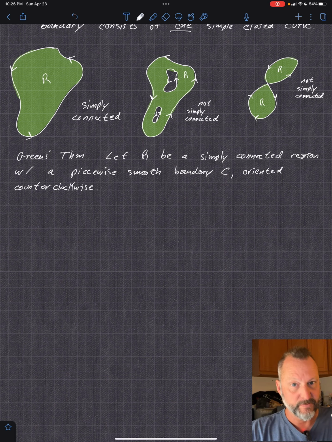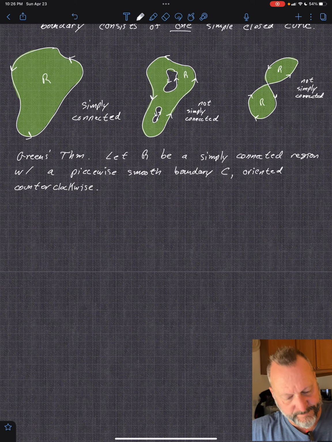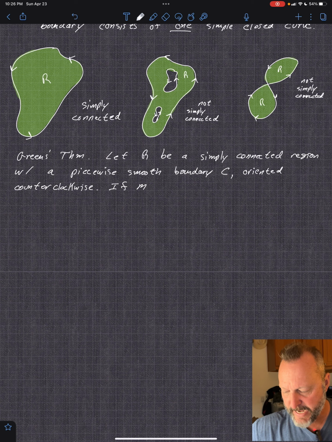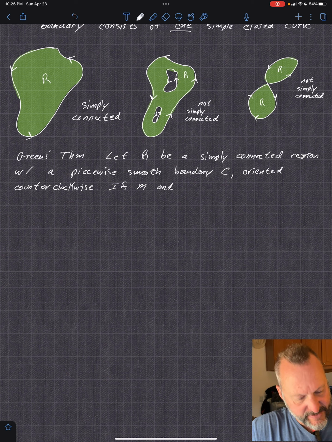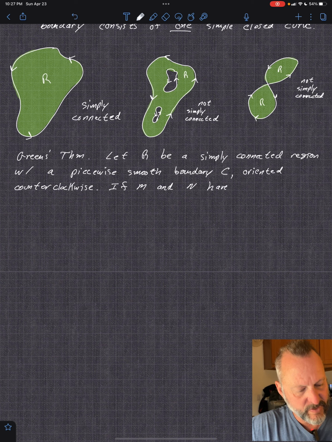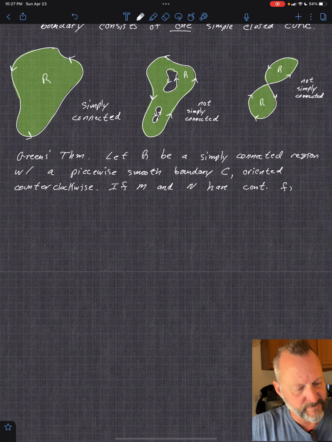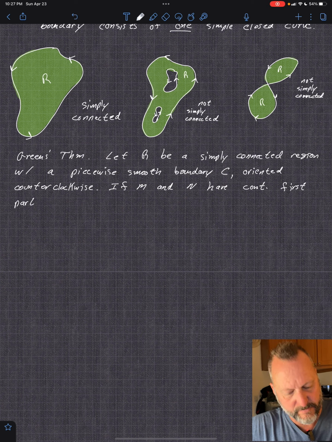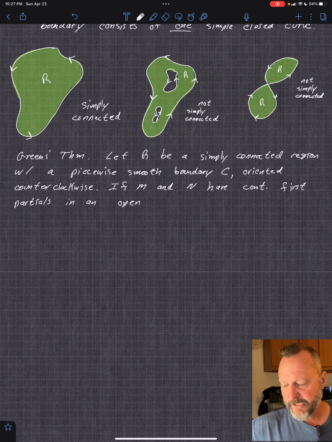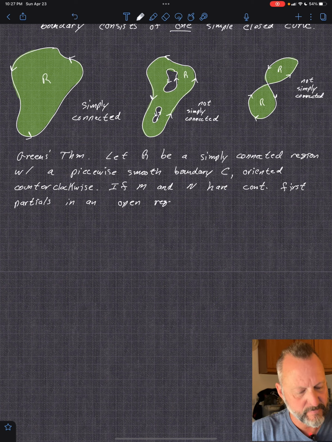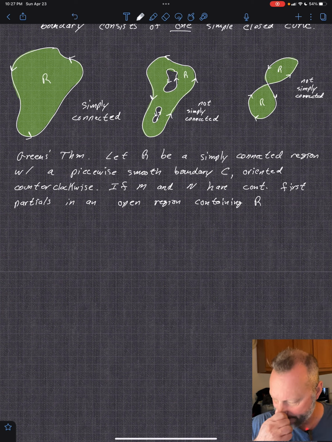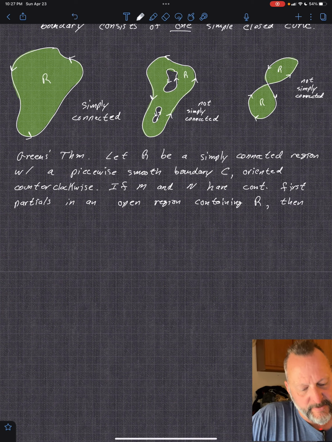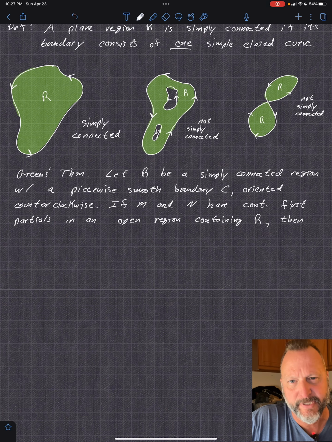Like I drew it above. So I was going counterclockwise. If M and N have continuous first partials in an open region containing R, then... so the open region part really isn't a big deal.